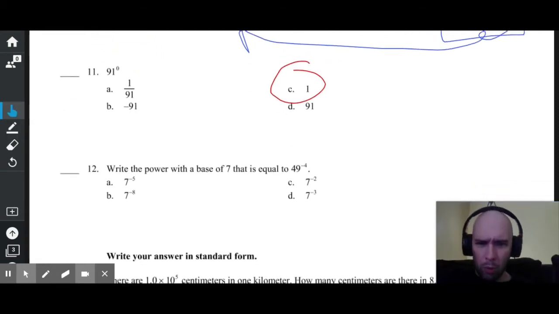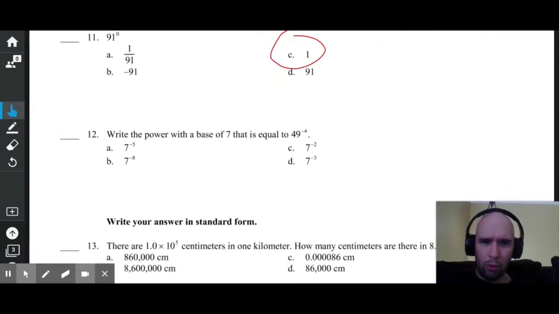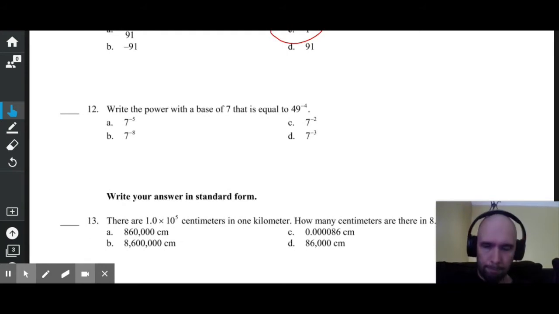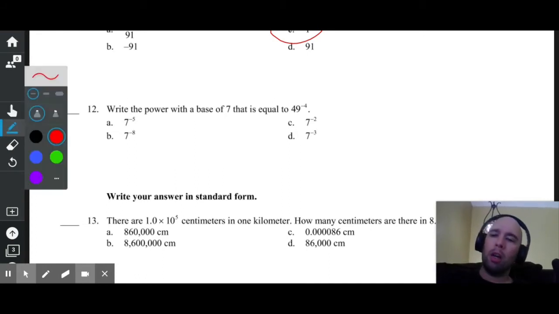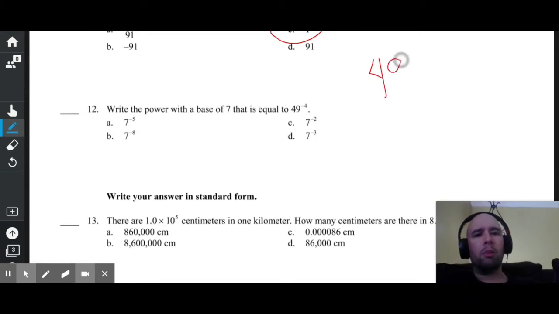Write the power with a base of 7 that is equal to 49 to the negative 4th. Okay. This is going to be weird, and bear with me. This is an Algebra 1 problem, but I'm gonna be creative and clever here. I'm gonna take 49 to the negative 4th.